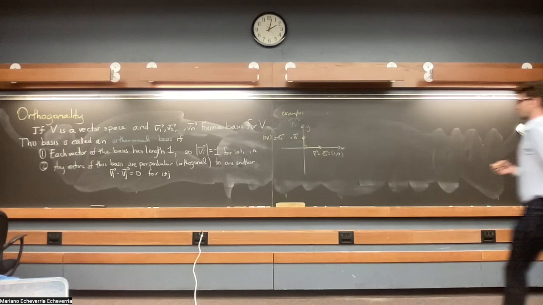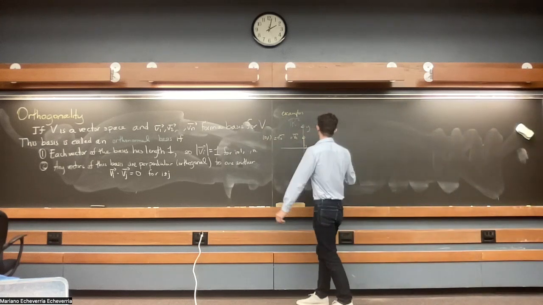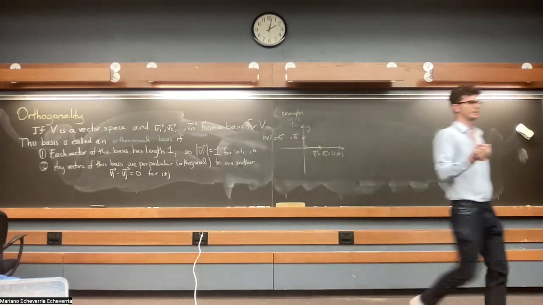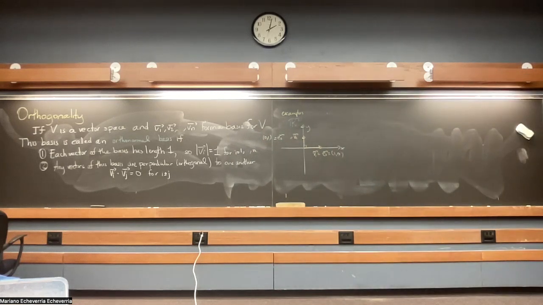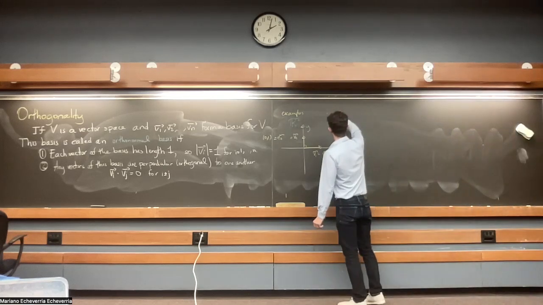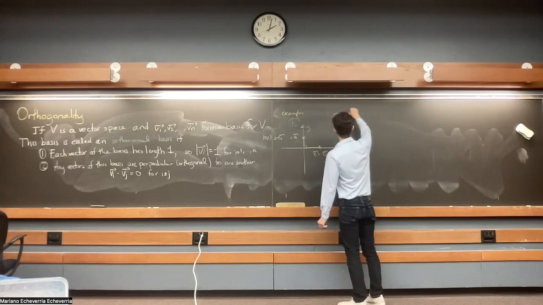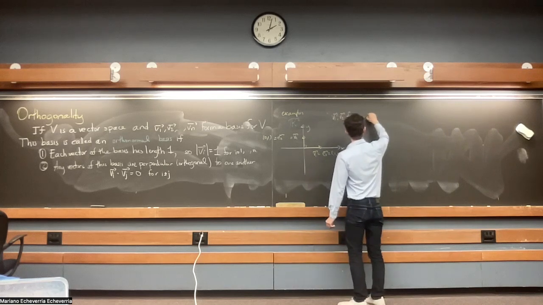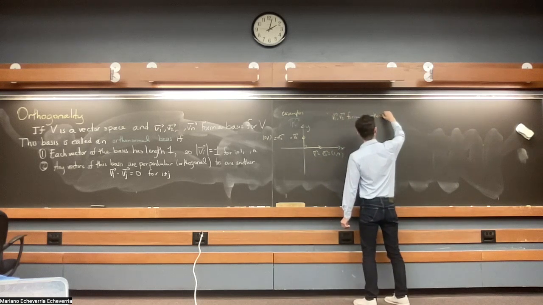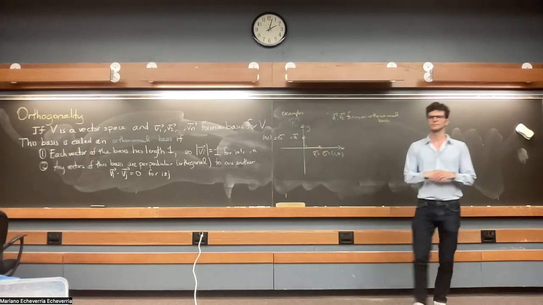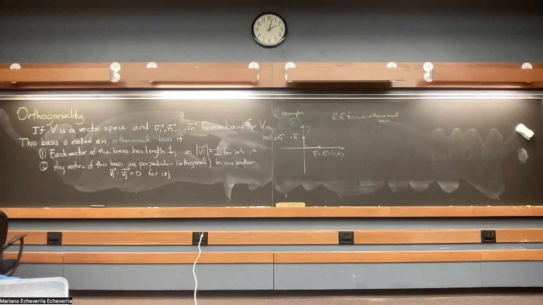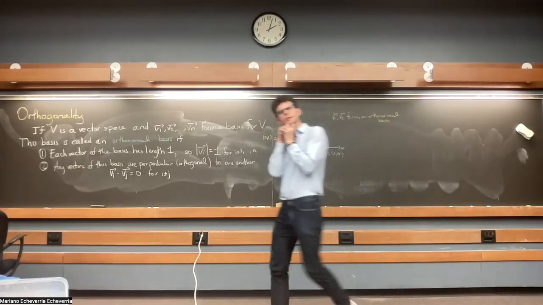Or another way to say it: if you compute the dot product between these two vectors, you get the number 0. That means they're perpendicular. So b1, b2 in this case form an orthonormal basis. Is that making sense? Is that okay?